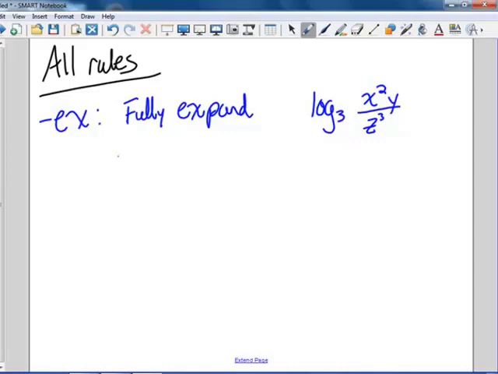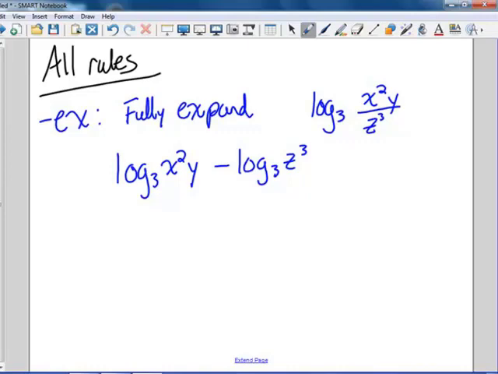Okay, so first let's break this apart. This would be log base 3 of x squared y, and subtract the bottom, log base 3 of z cubed. Okay, so that breaks it apart, I have the top minus the bottom.